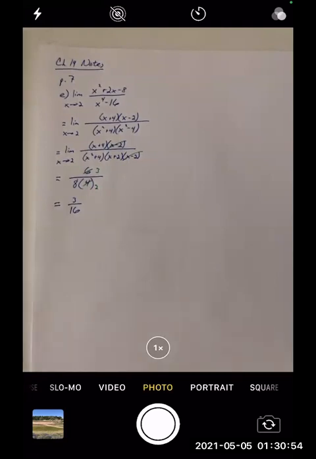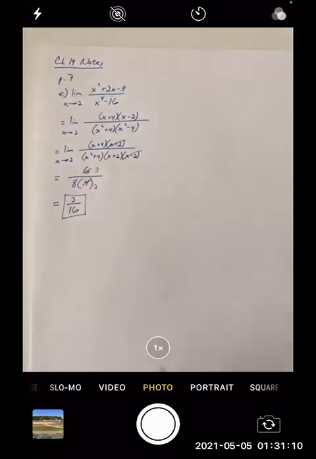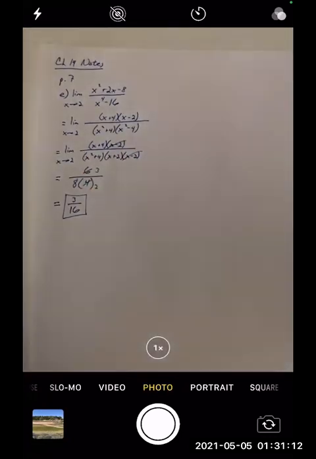Yeah, that was my question. Okay, yeah, the 2 got transposed into a 4 by accident. So it should be 3/16.